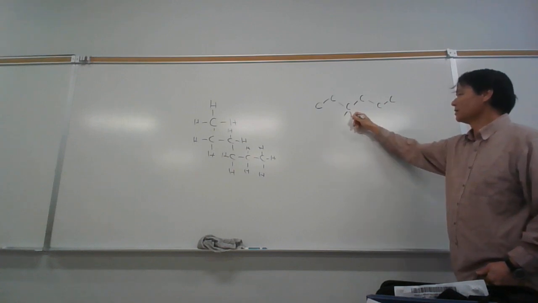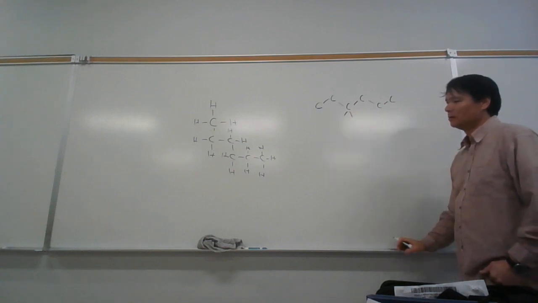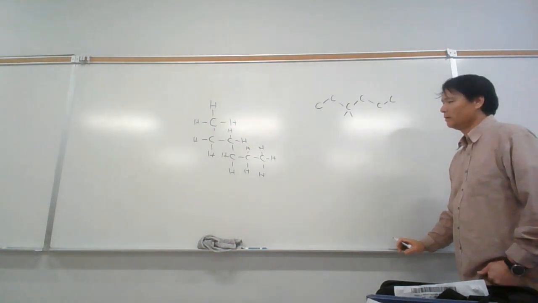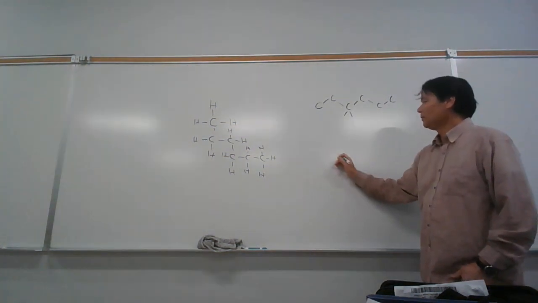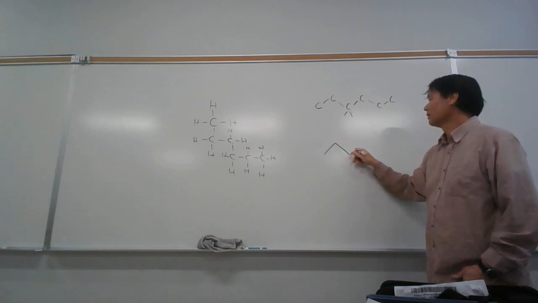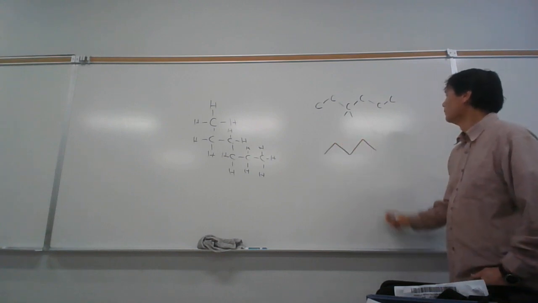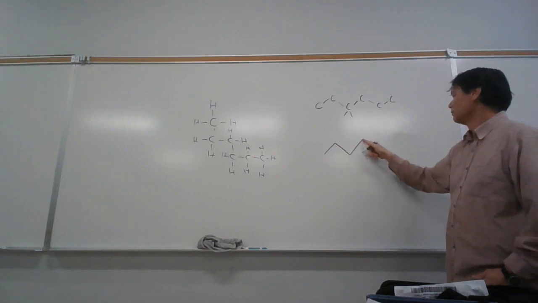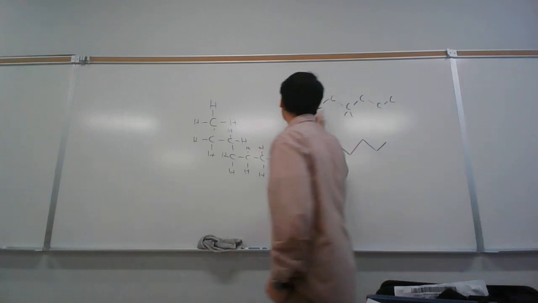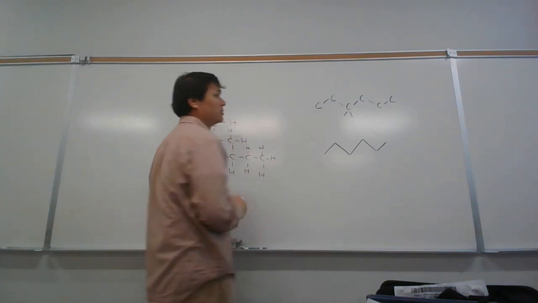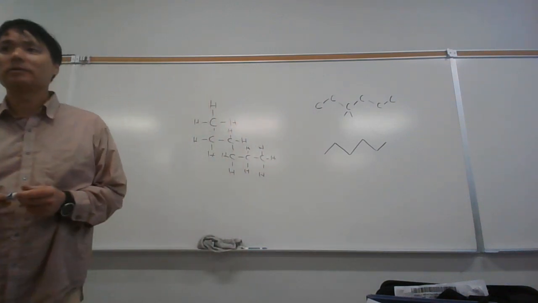Sometimes they'll draw the wedges and the dashes. So there would be different levels of this, depending on how you draw. Usually they'll just do this in shorthand: 1, 2, 3, 4, 5, 6. This would represent that. This is just a zigzag pattern of the carbon atoms.